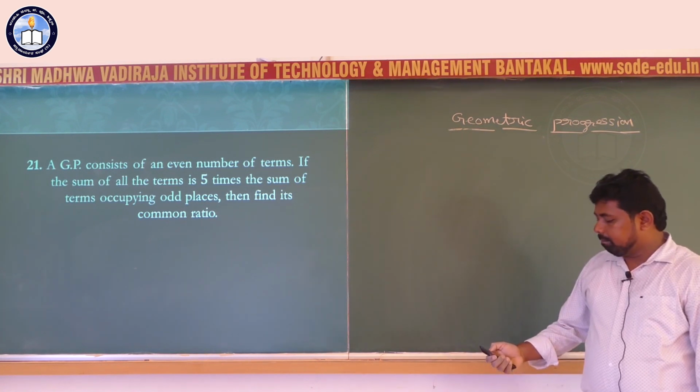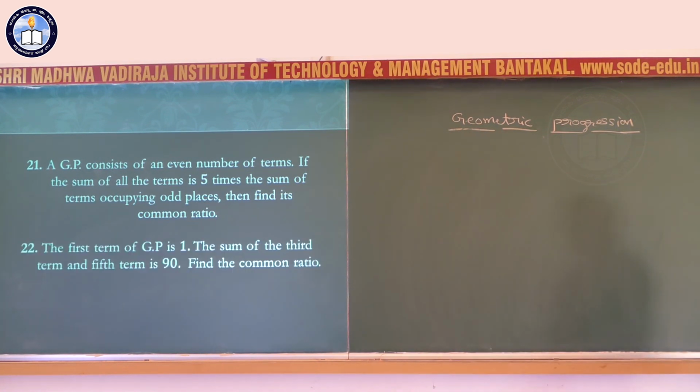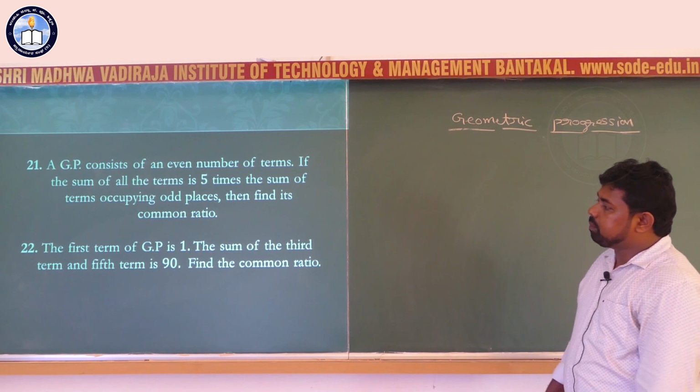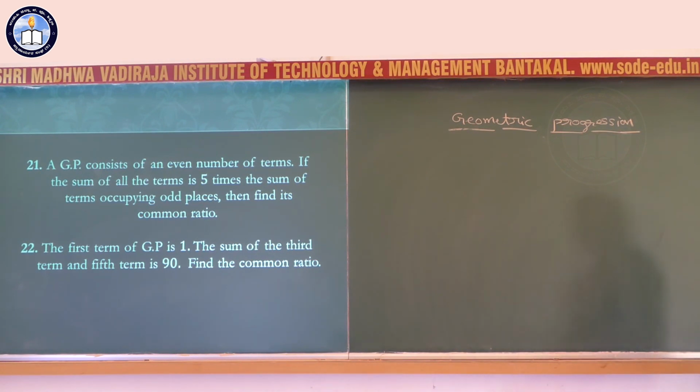Next problem. The first term of a geometric progression is 1 and the sum of the third term and fifth term is 90. Find the common ratio. Here I take first term as a and common ratio as r.